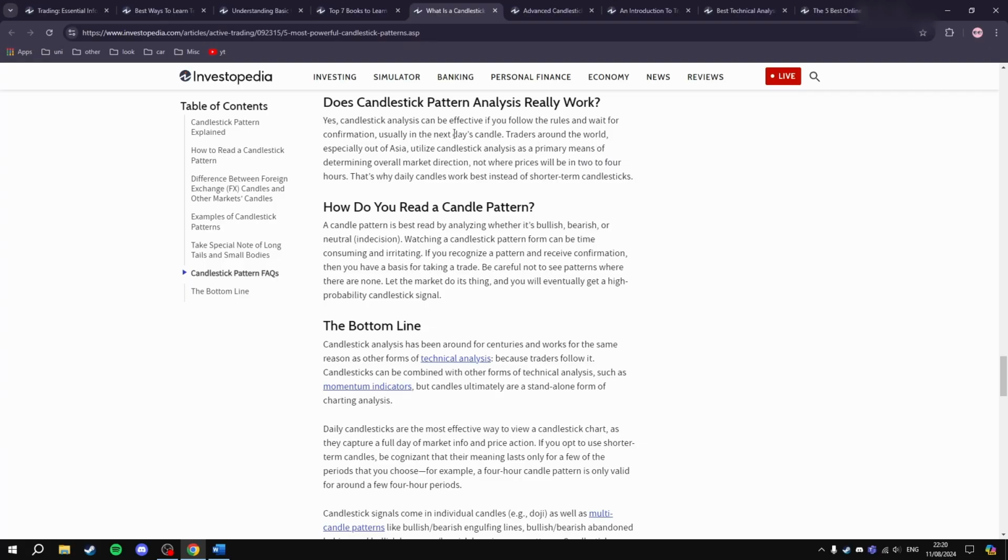So it's not good for short term candlesticks, only to see the overall trend, not predicting where prices are going to be in 2 to 4 hours.